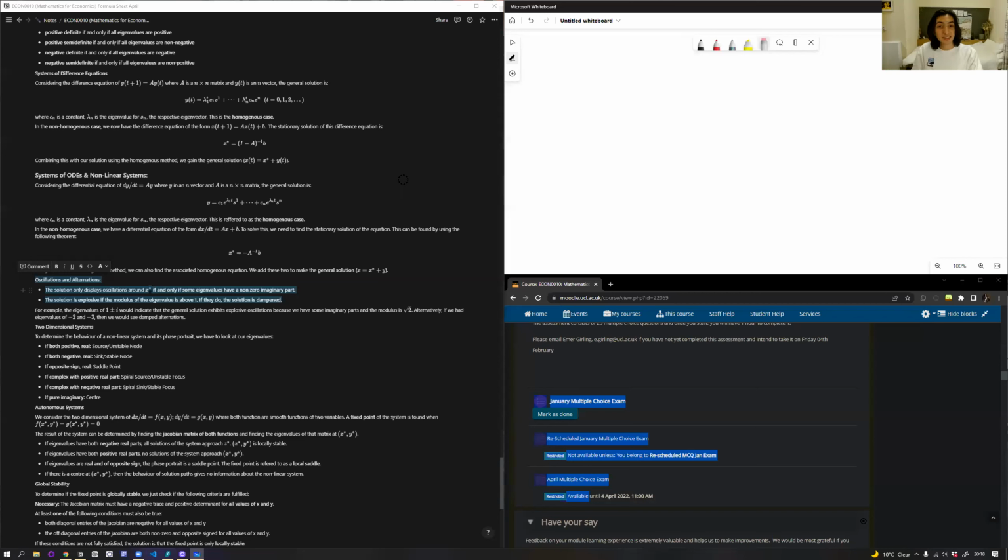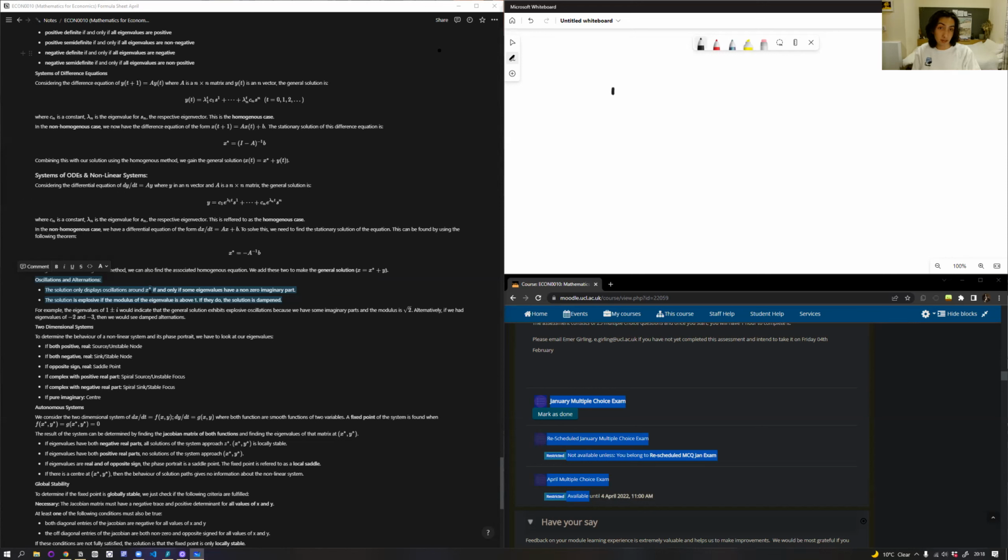So there's an oscillation if there is an imaginary part. This can be found on page 629, if any of you are curious, at the bottom. X_t displays oscillations around the particular solution if and only if some eigenvalues have a non-zero imaginary part.